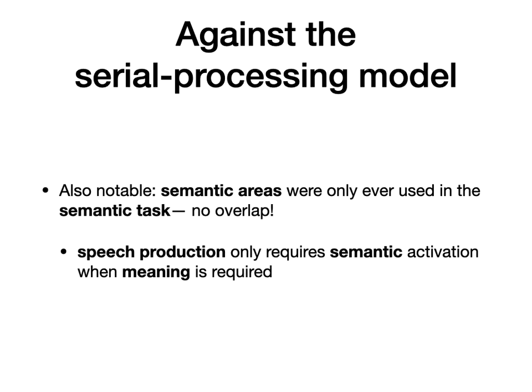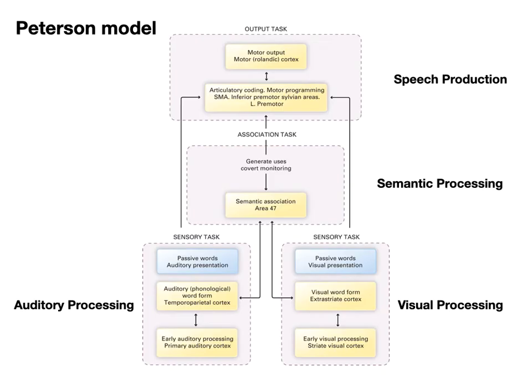So what we can find is, if we look at this model that Petersen brought to the table here, it's pretty nice actually. There's a lot in it, but we see he's broken the whole idea up into these distinct modules that only get used when they're needed, right? The visual processing might go and talk to the association, the semantic processing in the middle there, but it might just skip it and go straight to speech production.